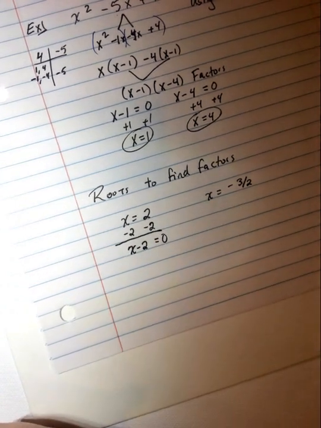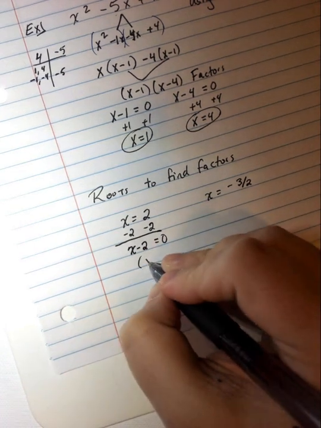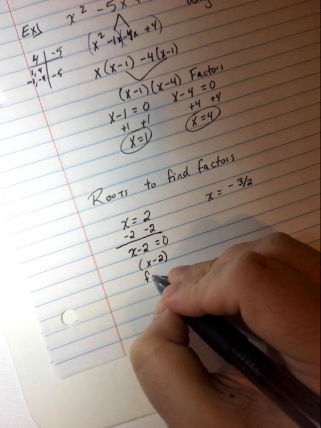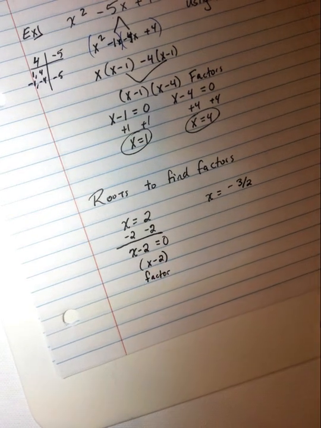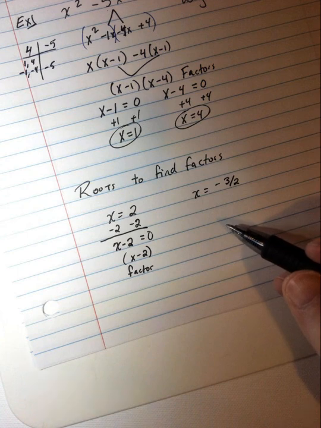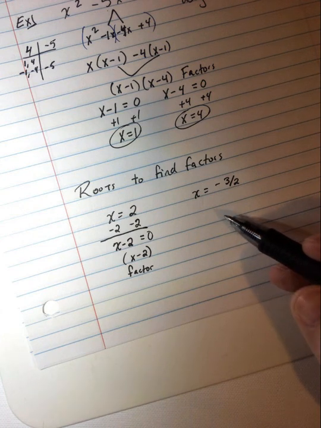I got x minus 2 is 0. That means x minus 2 is a factor. Over here, this one's a little bit more complicated. Can you guess why? There's a fraction. Now we can't just add that fraction. We can't just add 3/2 to both sides. We've never seen a factor be written with a fraction in it.